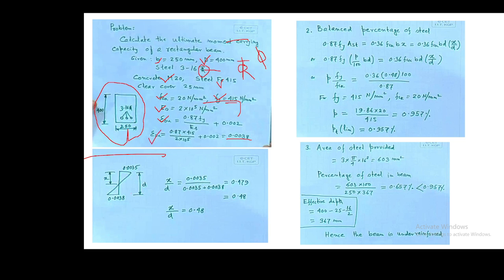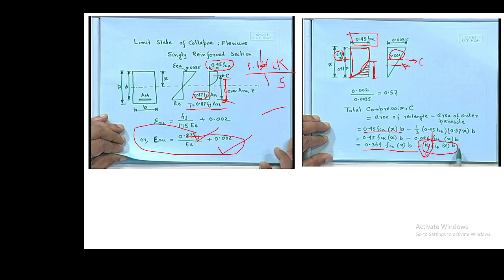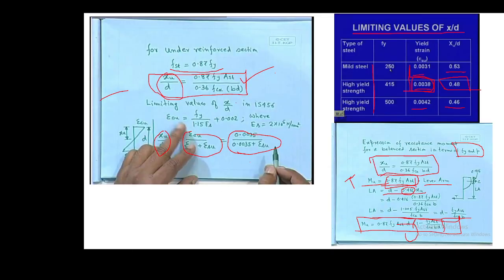So XU by D we can calculate. For that I told there is a formula to calculate XU by D at the starting. This is the formula, right? Where this is the strain in the concrete, and plus the strain in the steel.